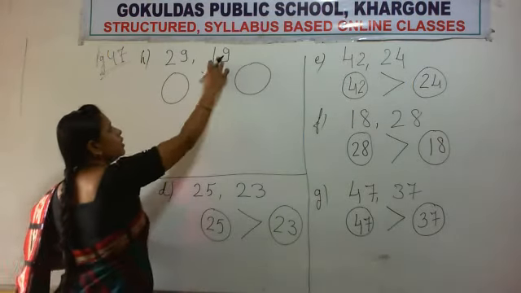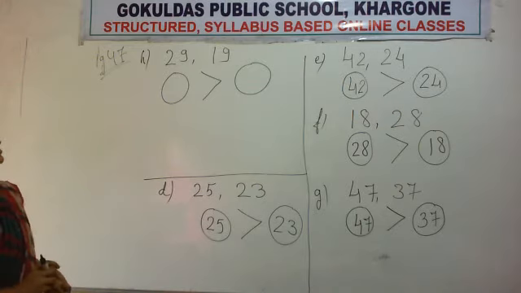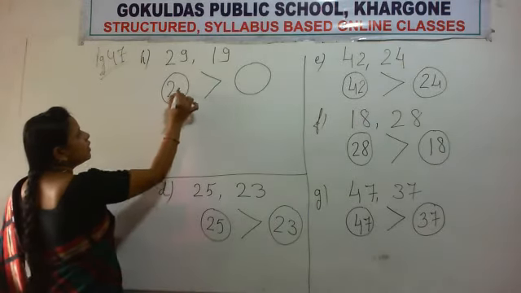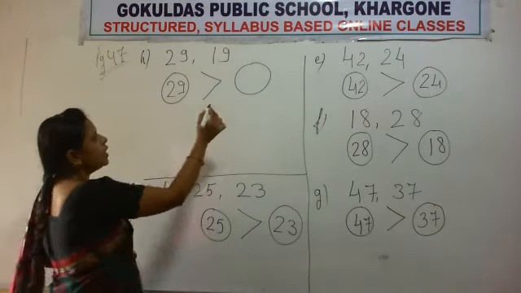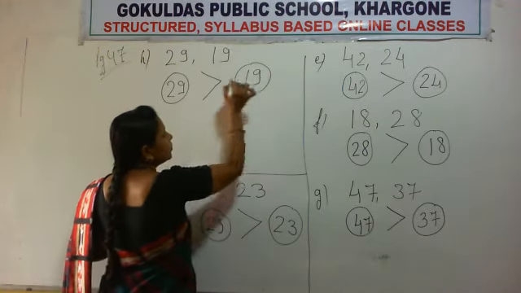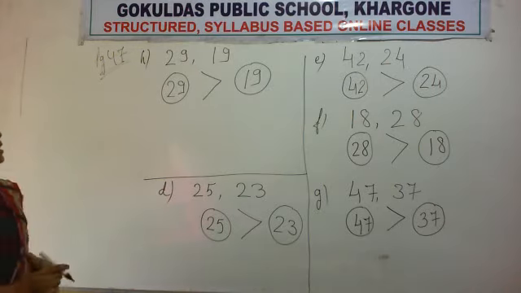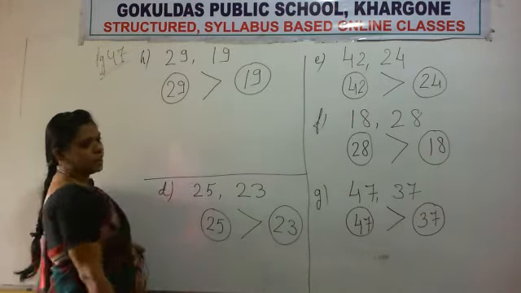Which is the bigger number? We write the bigger number in the left circle and the smaller number in the right circle. And read this statement: 29 is greater than 90.